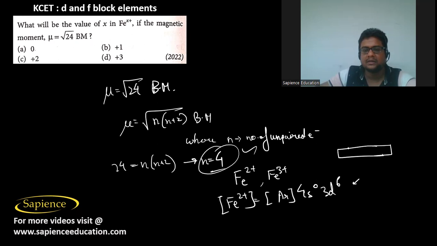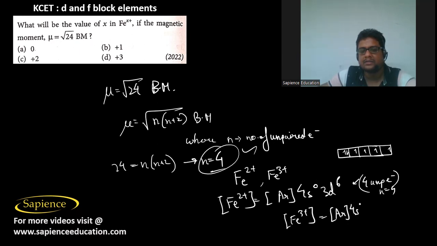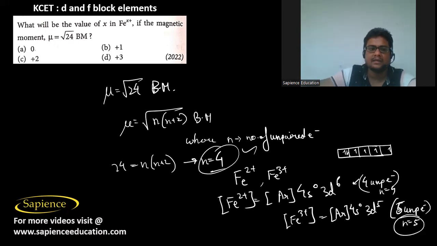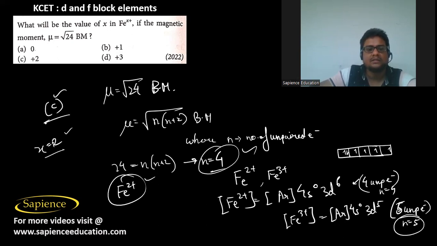So here in the d orbitals, it has 5 orbitals and 6 electrons, so it has 4 unpaired electrons. So here n equals 4. And in the case of Fe3+, the electronic configuration will be argon 4s0 3d5. So here it has 5 unpaired electrons, so n equals 5. Hence Fe should be in the 2+ state. So Fe2+ it should be. Hence x should be equal to +2. So option C is the correct answer.